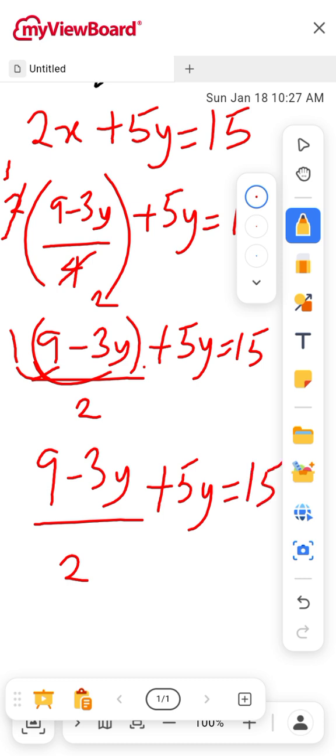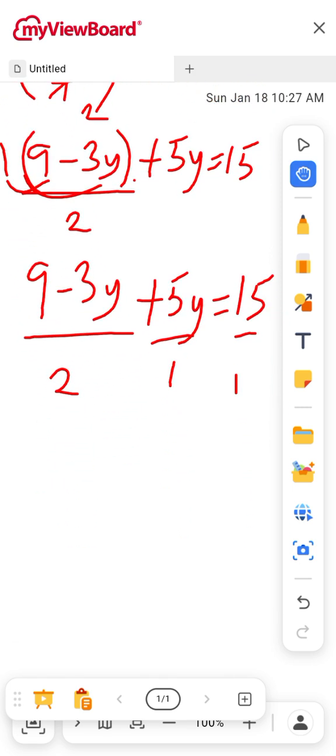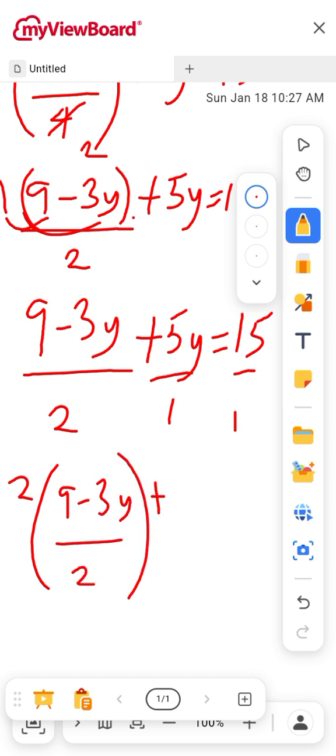So this is a fraction. In solving equations involving fractions, we find the LCM. The LCM of the denominators is 2 here. So you use the LCM to multiply both sides so that we have 2 into brackets 9 minus 3y over 2 plus 2 into bracket 5y equals 2 into bracket 15.